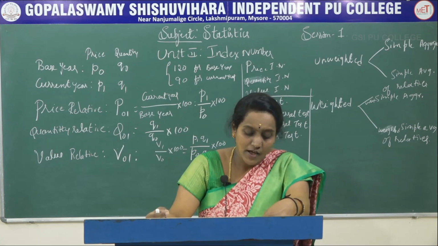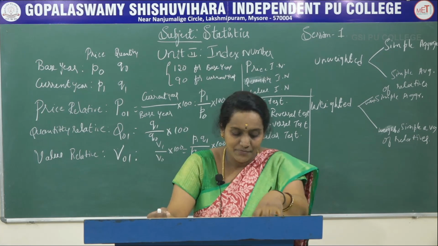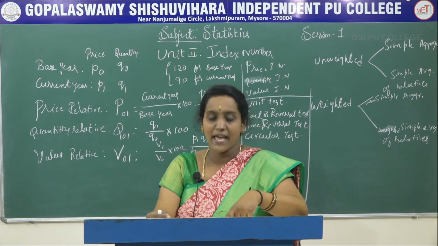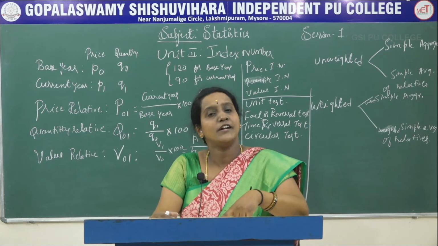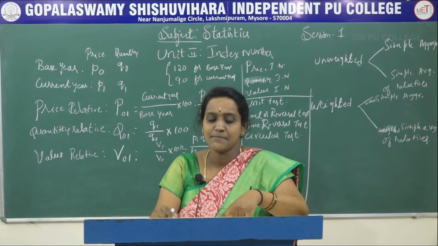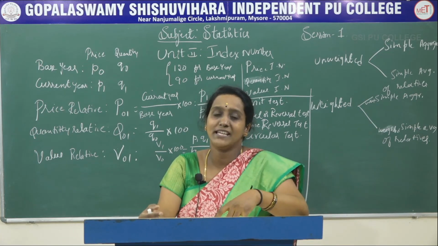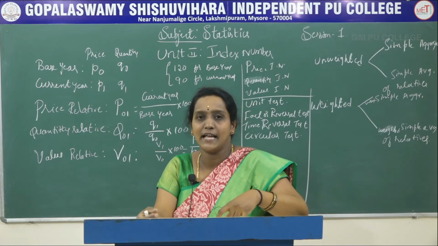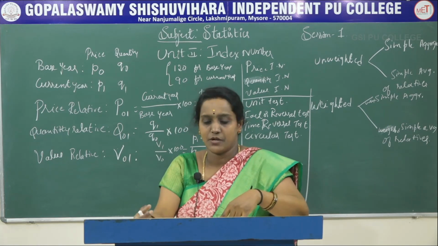And the second thing is conducting family budget enquiries and selection of the weights, and the objective of the enquiries is to find out the expenditure a family spends on different items of consumption. Items can be food, rent, clothing, fuel, lighting, house rent, education and so on.